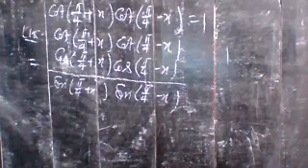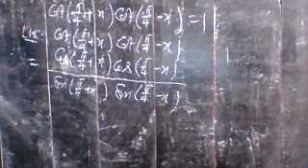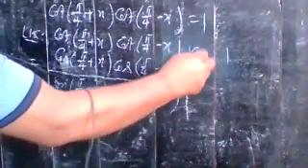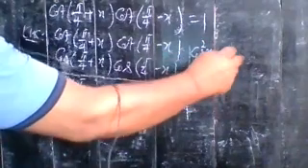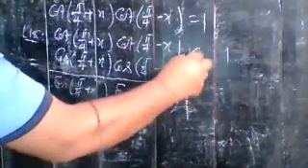Cos x plus y into cos x minus y is equal to cos square x minus sine square y.